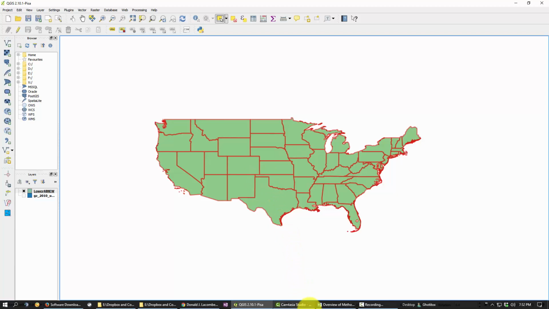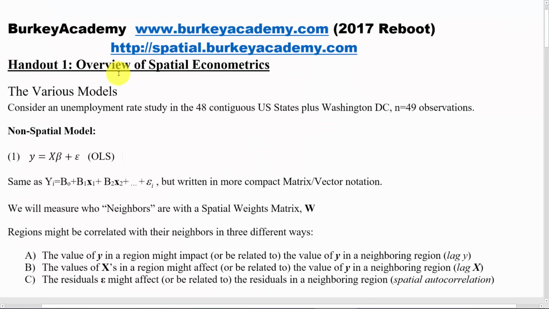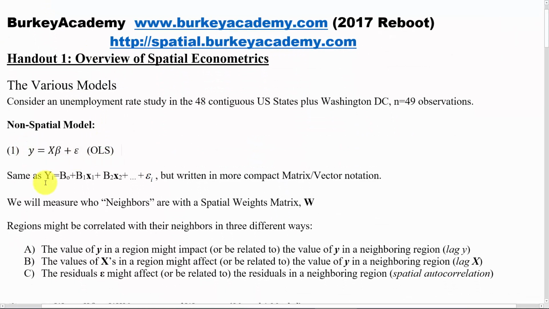Instead, we just, without looking at any kind of spatial interactions, would say, okay, we have our dependent variable. Let's just suppose that's the unemployment rate. And that's some linear function of the y-intercept plus some slope times some explanatory variable, say education levels, plus another slope times another explanatory variable.